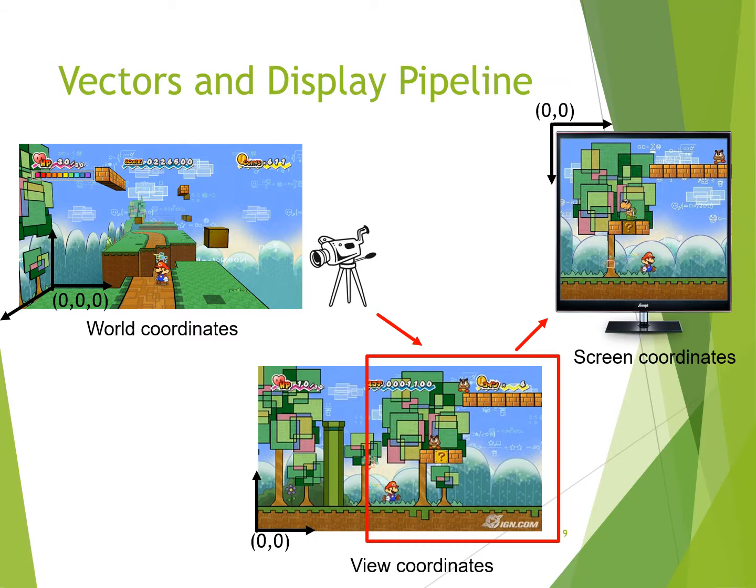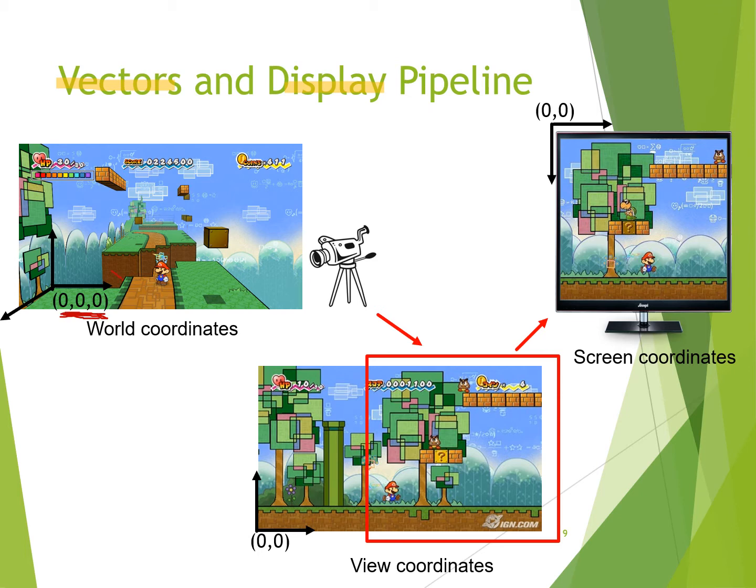So here we'll talk about the vector and then the display pipeline. In a 3D world, we are using vectors to control all the coordinates. It's a 3D coordinate system.